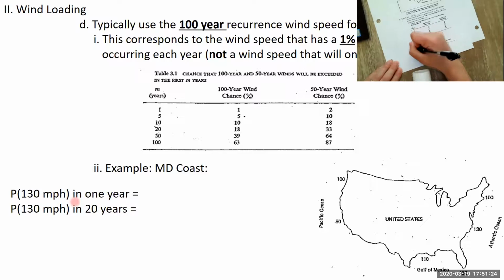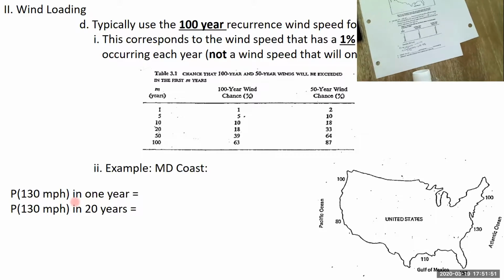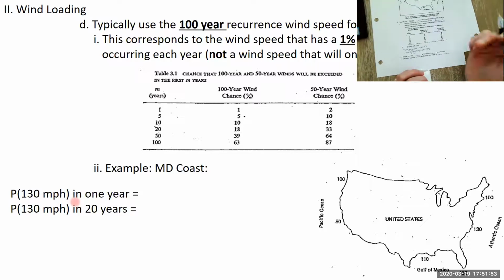This means that the probability that I don't have that wind speed, so that all my winds are slower than that, so that the probability of a less than 130 mile per hour wind in 1 year, is equal to 0.99 or 99% chance that I don't have my 1% annual exceedance probability wind speed occurring in any given year.